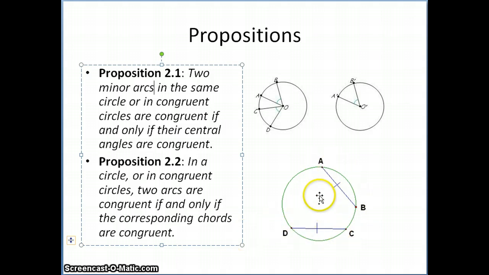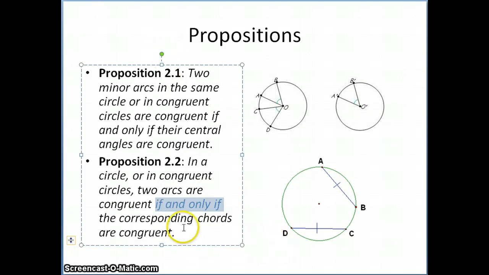The proof is very simple. After we join the center and A, B, C, D, we get two triangles, and these two triangles are congruent. We can use side-side-side if we know these two chords are congruent to prove these two triangles are congruent, or we can use side-angle-side if we know the two central angles are congruent to prove the two triangles are congruent. Because this is an if and only if condition, we need to prove not only necessary but also sufficient conditions.